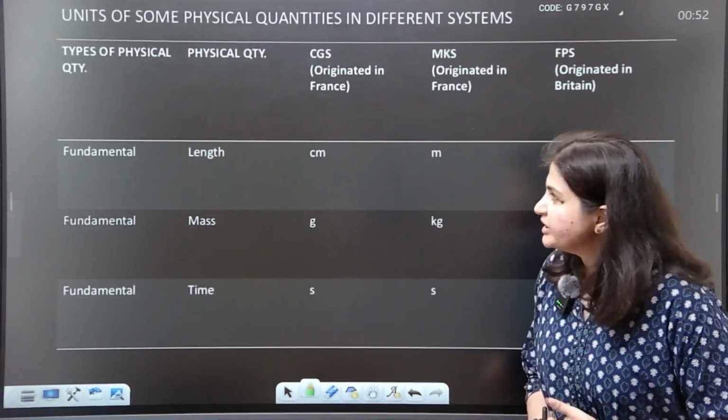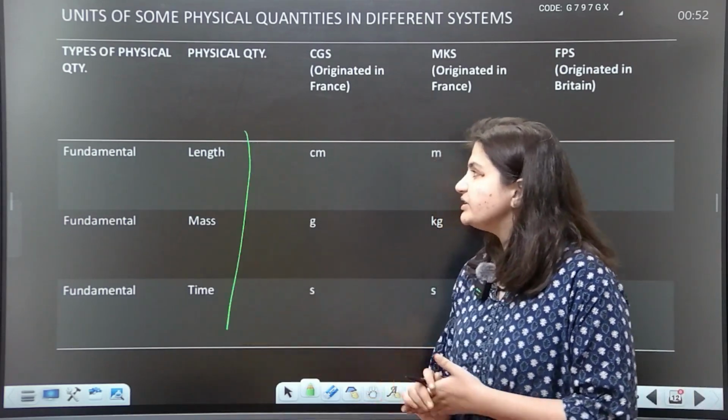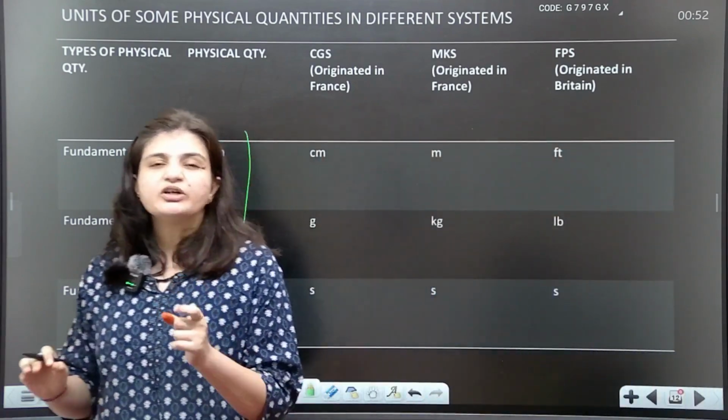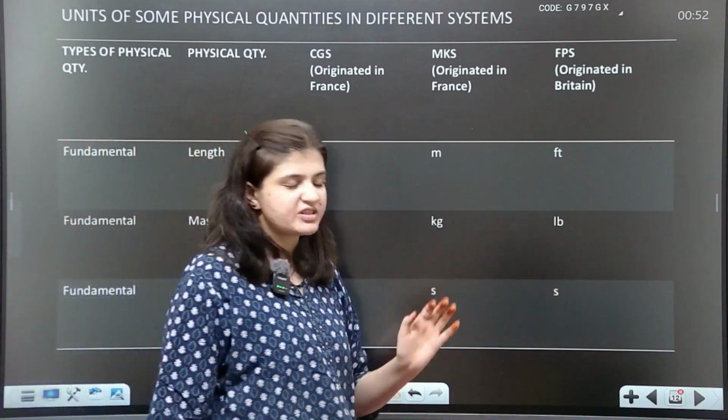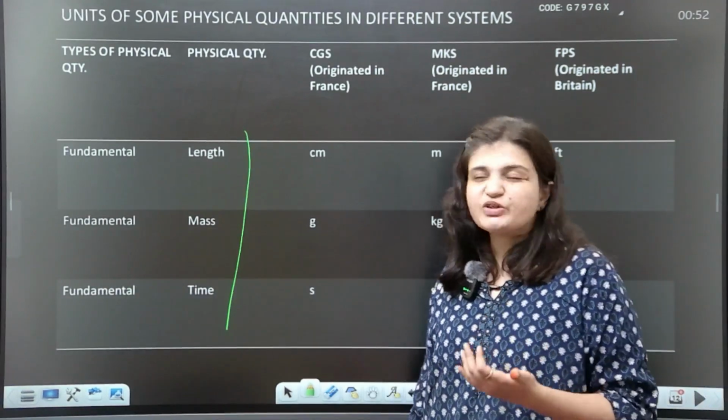So now students, let's get further. We have talked about three fundamental quantities: length, mass and time. What is the unit of measurement in the various systems?